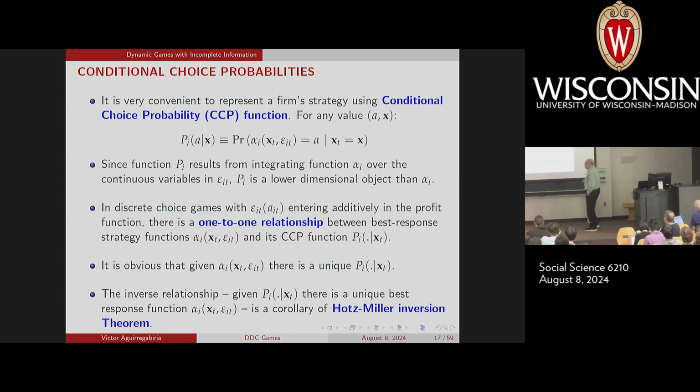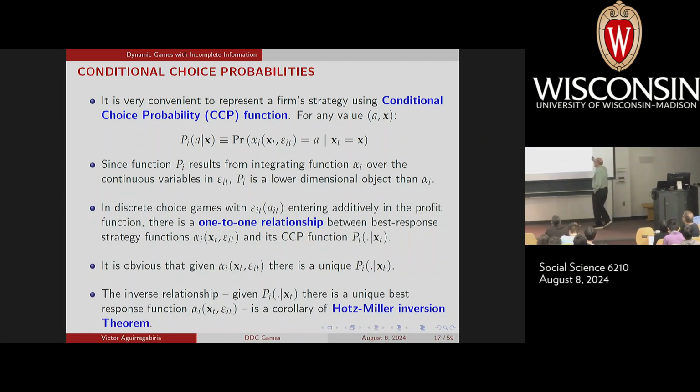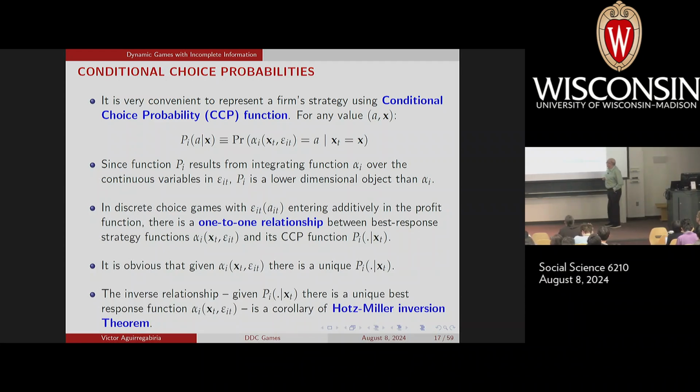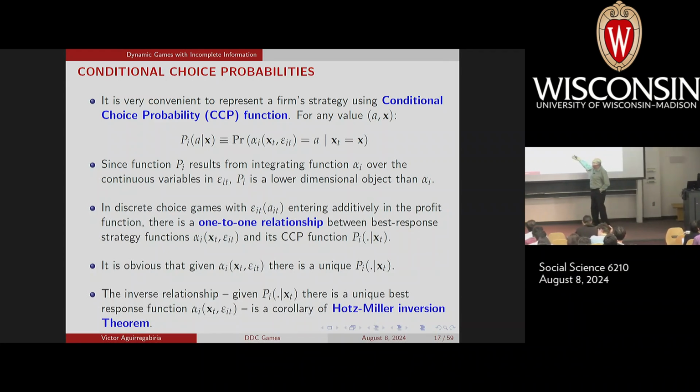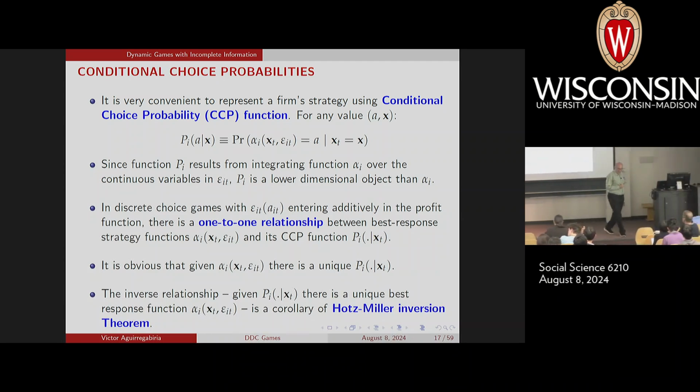And if the epsilons enter additively in our payoff function, we can apply the Hotz-Miller inversion theorem to show that there is a one-to-one relationship between choice probabilities and the strategy functions, okay?